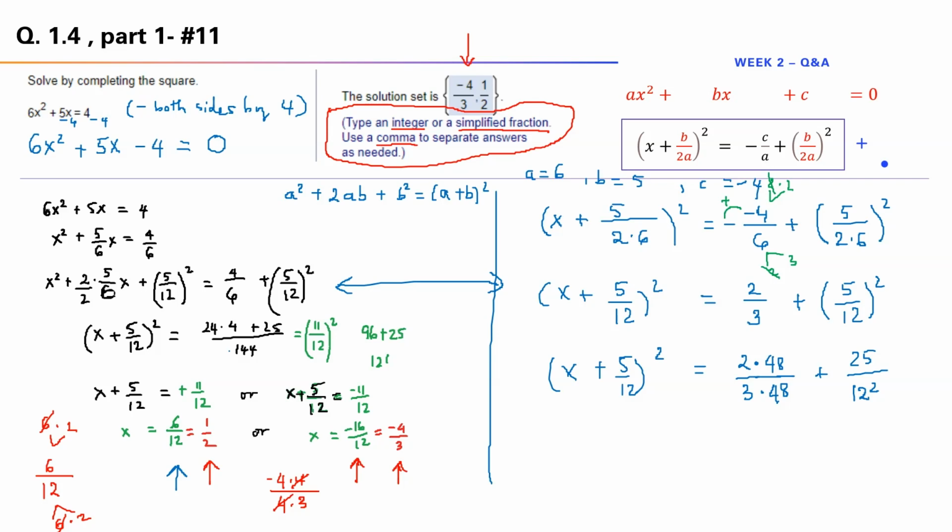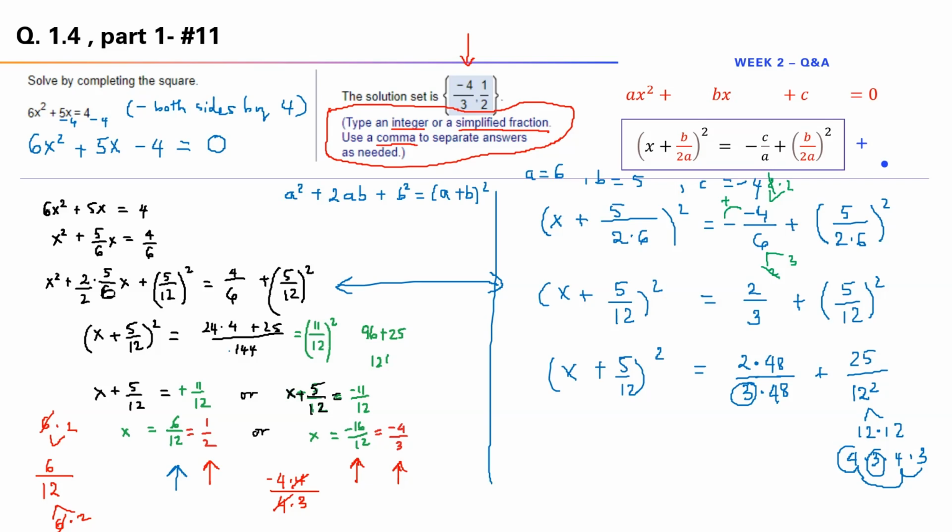And why do I want the 48? Because 12 times 12 is 4 times 3 times 4 times 3. I have one 3 right here. Now what I need is 4 and 4 and 3. So 4 times 4 is 16, times 3 is 48.